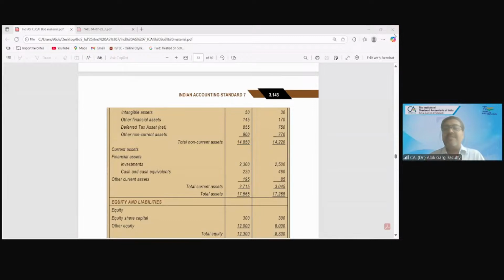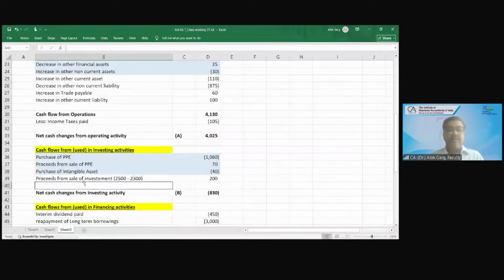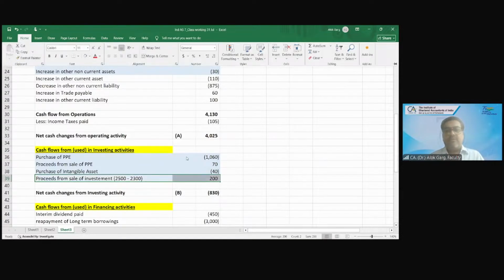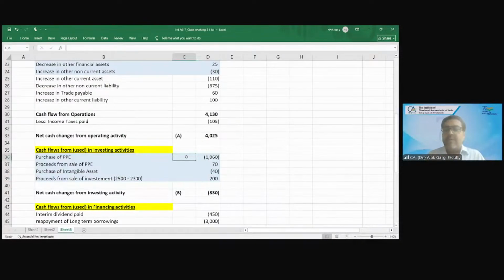Yes, redemption of investment means an increase in cash from investing activity. It's an investing activity item: proceeds from sale of investments, 2500 minus 2300. Correct? It is your investing activity item.